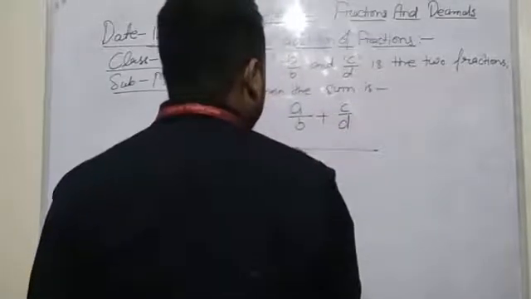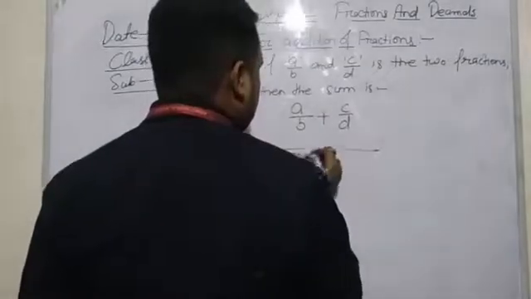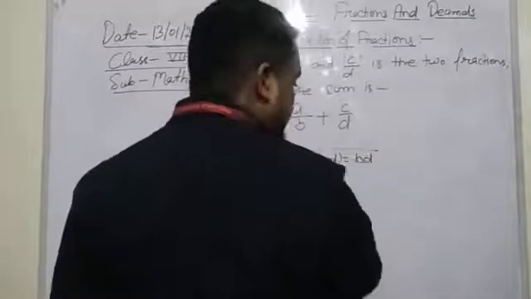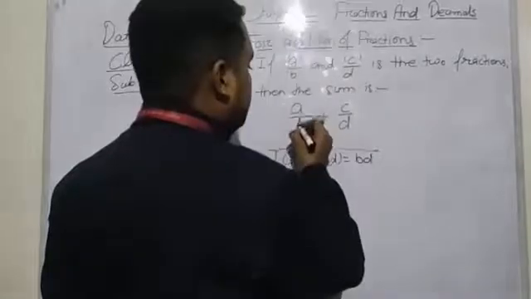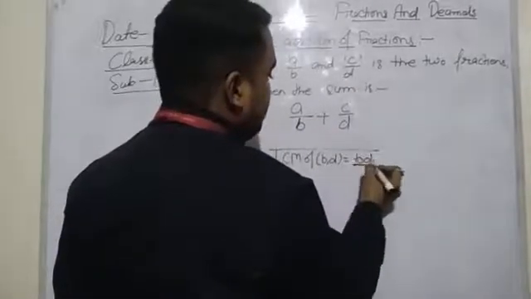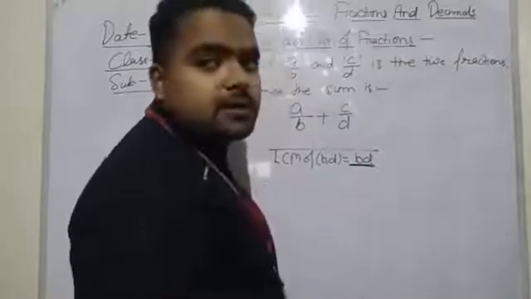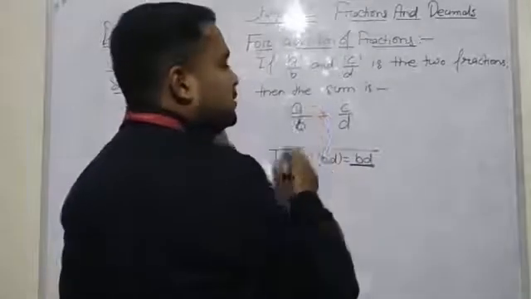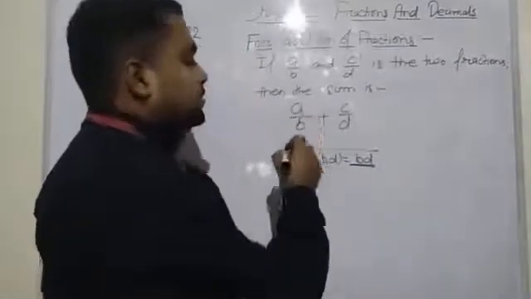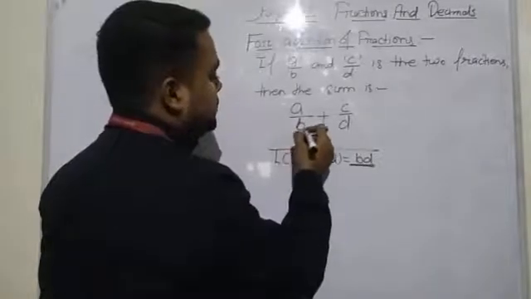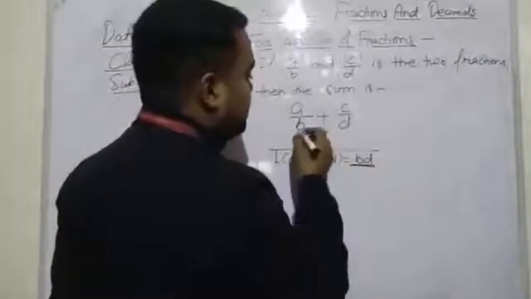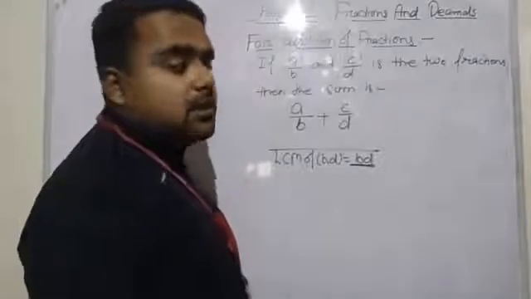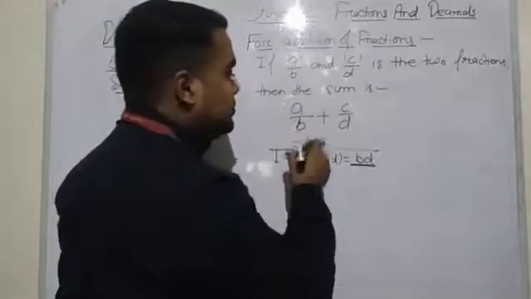Now first we take the LCM of denominators, that is B and D, which is BD, and after that we divide this LCM, that is BD, with the denominator of the first fraction. So the denominator of the first fraction is B. When we divide BD by B, then we have D as the quotient, and the quotient, that is D, is multiplied with the numerator of the same fraction.